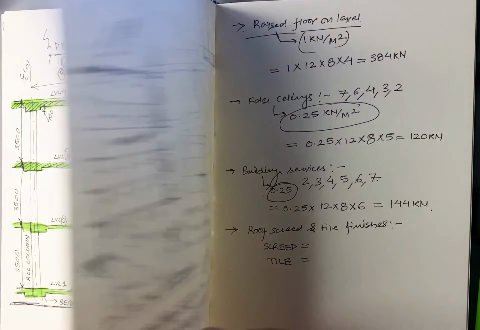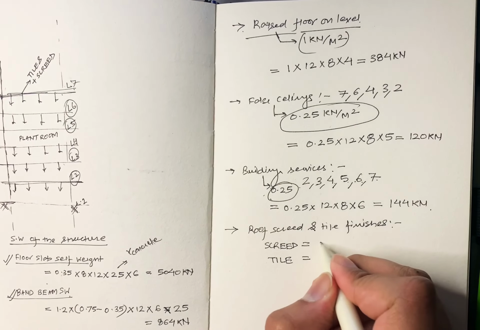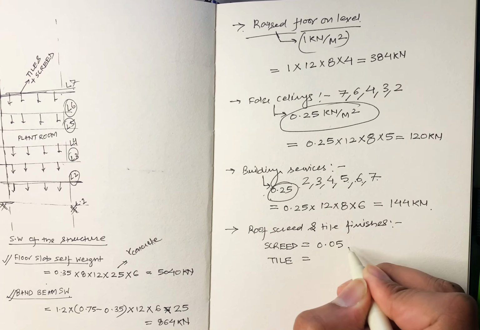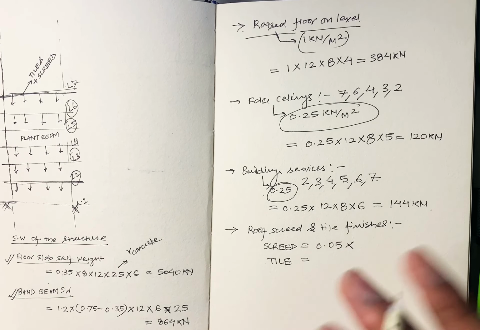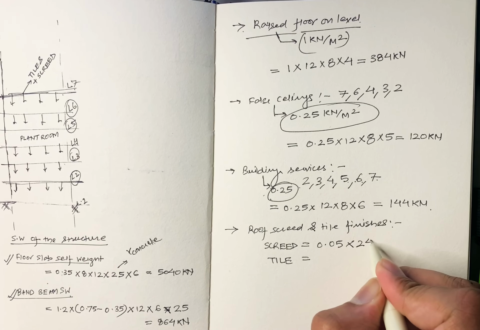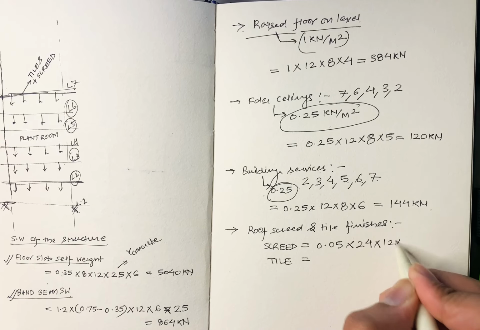So screed, what is the thickness of screed? It is 50 mm, so 0.05, and the density of screed is 24. The grid area is again 12 into 8.